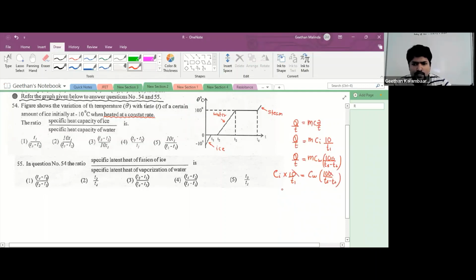So Ci over Cw is what they want us to find. Ci over Cw value is equal to T1 divided by 10 times T3 minus T2. So it's the answer for the 44th.